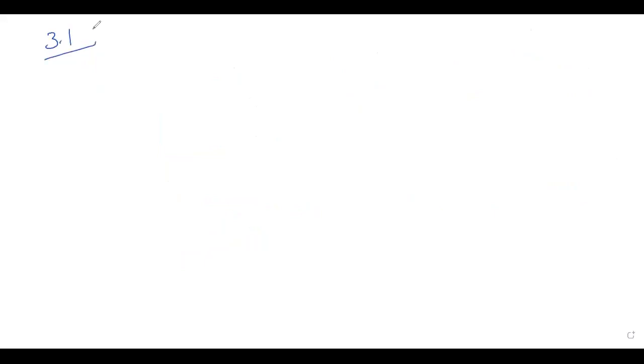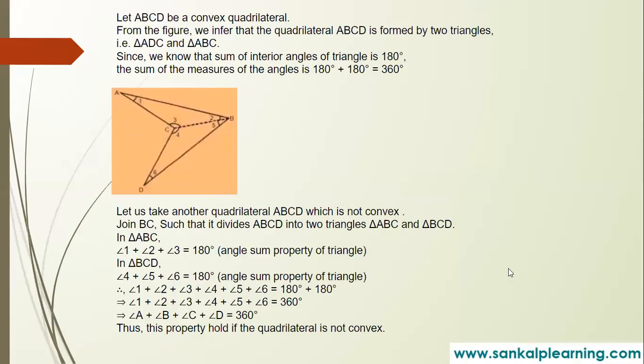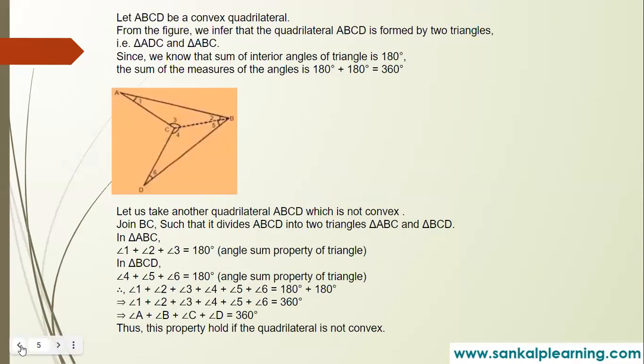Next 3.1. So here they have given the numbers, children, 1, 2, 3 for angles and 4, 5, 6.